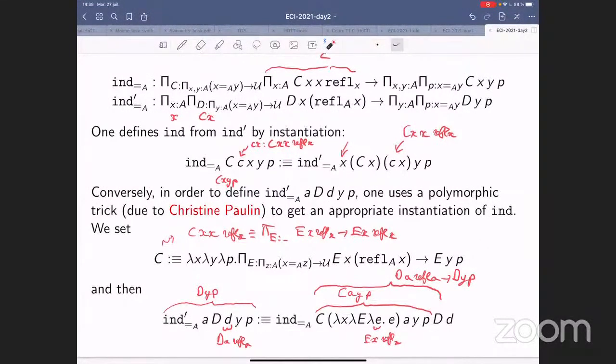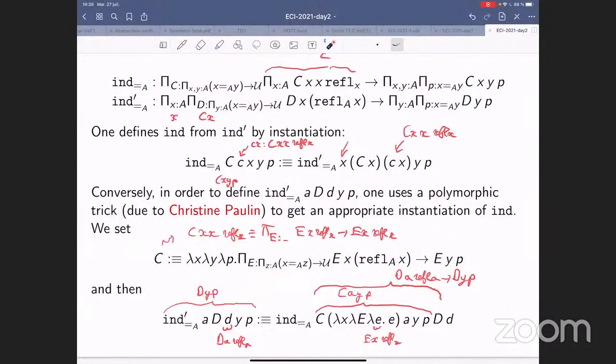So you see, of course, that here we try to anticipate what we want, because in the end we want something like that. We want that from an element of Dx reflex, we want to have a general element of Dyp.